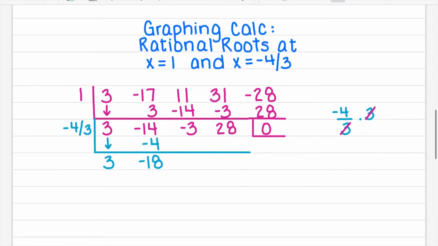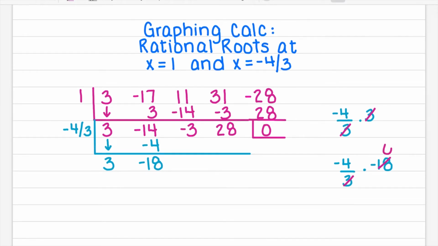Okay, then we have -4/3, I'm just going to show you on the side, times -18. So notice that 3 goes into itself once, it goes into 18 6 times. So now it's just negative 4 times negative 6, which is positive 24. Okay, add straight down, you get 21.